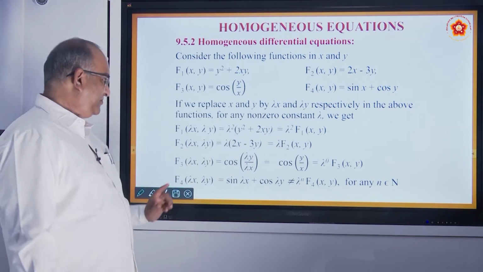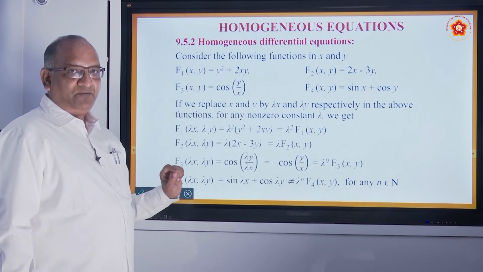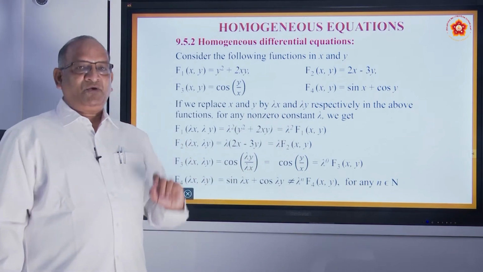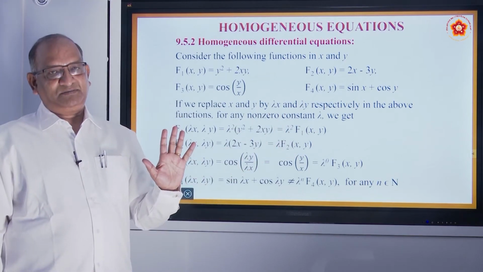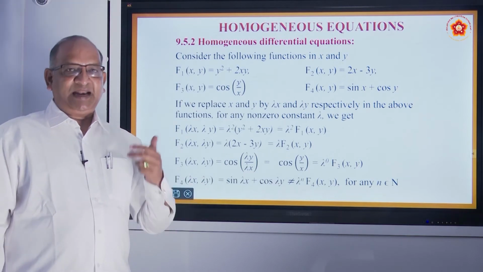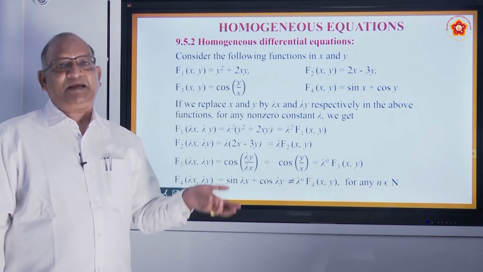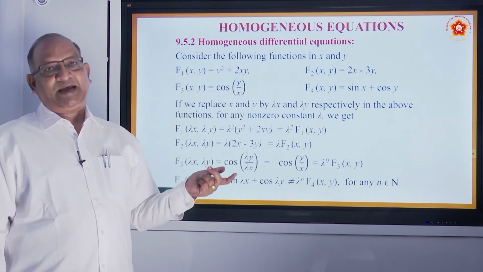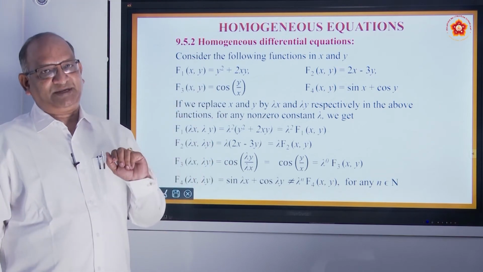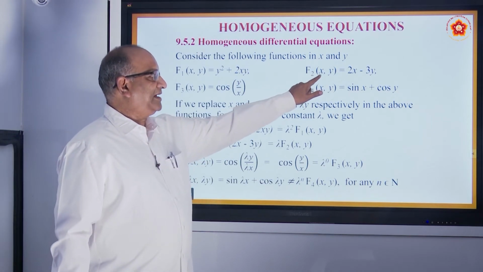So what happened when we replaced x and y with lambda x and lambda y? We got lambda squared times the same function. Whenever that happens, we say it is homogeneous. It could be lambda, lambda squared, lambda cubed, lambda to the power 0, lambda to the power 4 times. If you are able to get a power of lambda times the same function, it is homogeneous. Check the second one. x and y are replaced with lambda x and lambda y.